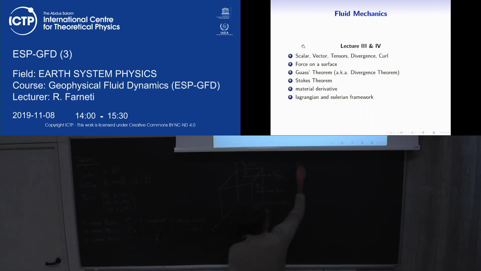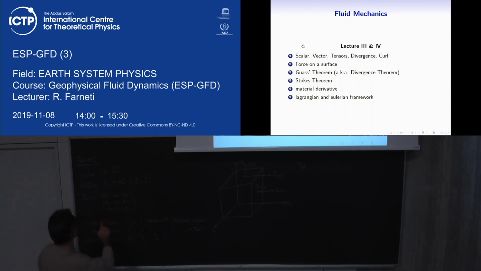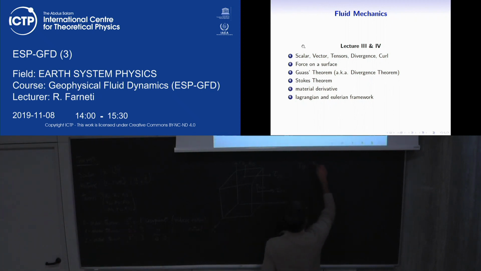So tau 3, 3, for example, could be the tensor in the plane 3 and the z direction, the x3 direction. But for example, which force could be given by that component of a tensor, tau 3, 3, which is normal to that surface? Pressure. Could be pressure, right? And tau 3, 2 could be a shear stress.